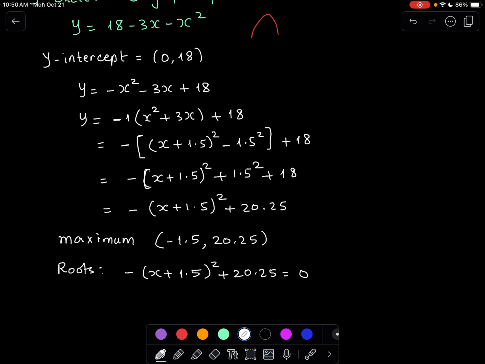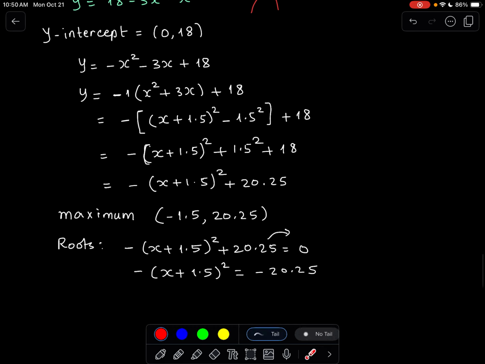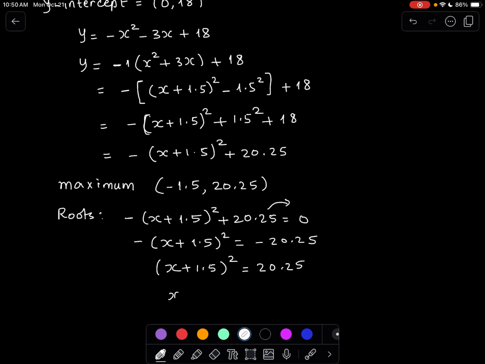I'm going to do this method, move it to the other side. So I'm going to have (x plus 1.5) squared equal to 20.25. The minus on both sides should get cancelled. Take square root on both sides.